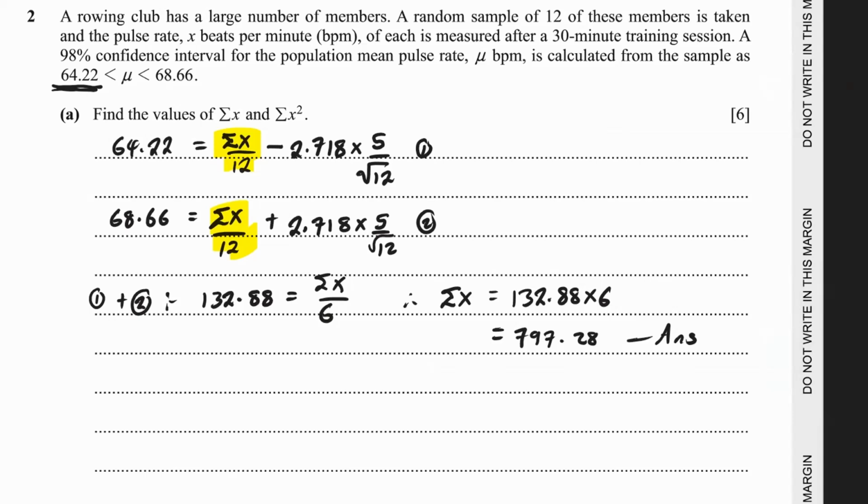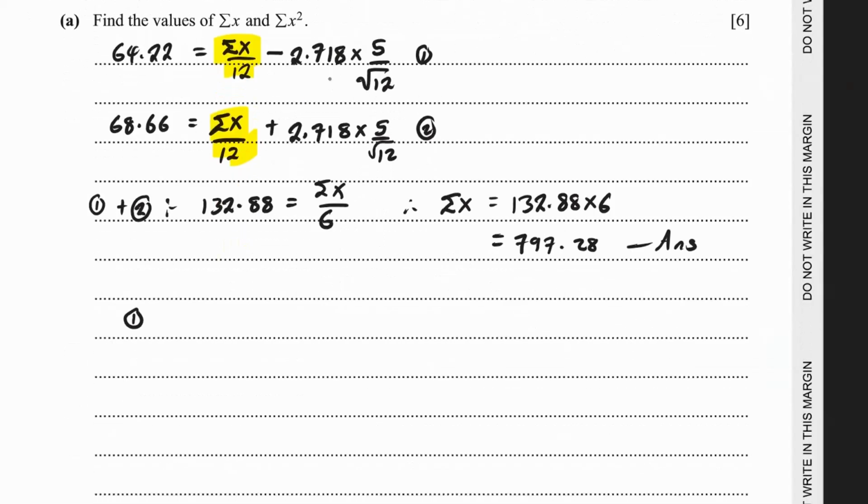Now we want to find the sum of squares of x. I'm going to take any one of the equations. I'll take equation 1. From equation 1, we are saying that we have 64.22 being equal to the sum of x, which is now 797.28, over 12, minus 2.718 times s over root 12. So we can actually make s the subject here.